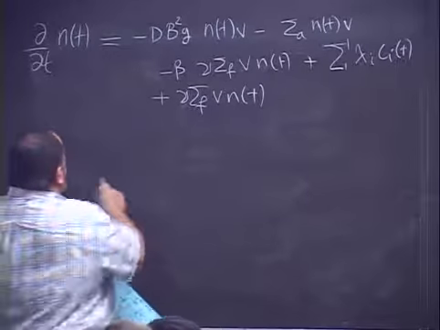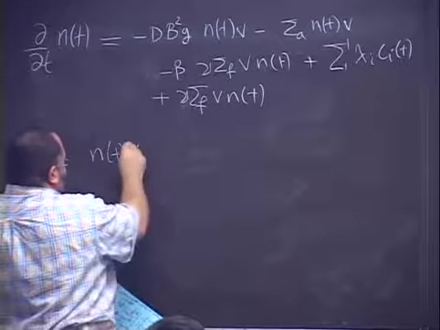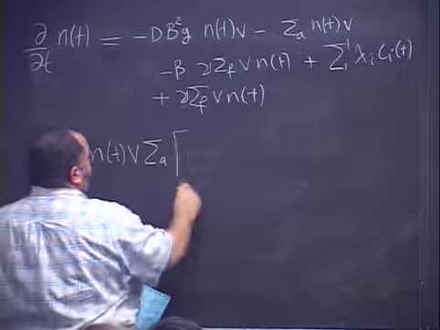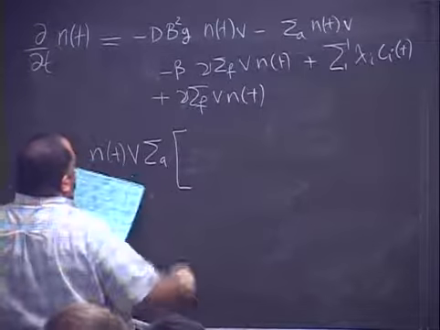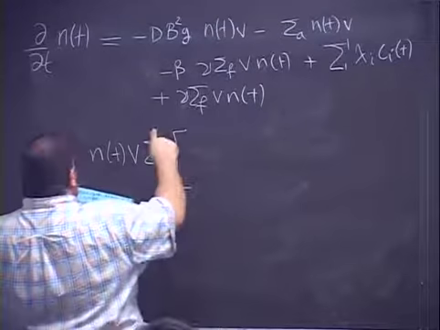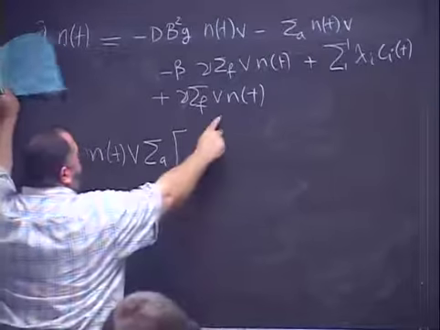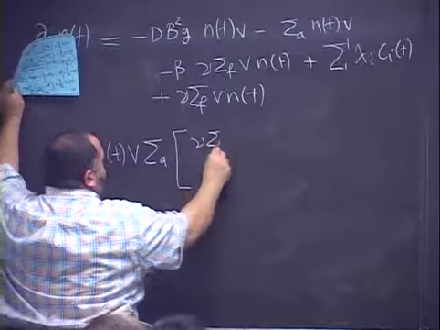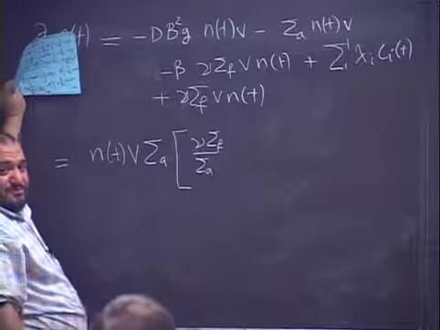Then I can take n of t multiplied by V multiplied by sigma absorption as a common factor from all terms except this term. If you take it from here, you will end up with nu sigma fission over sigma absorption. Am I right?